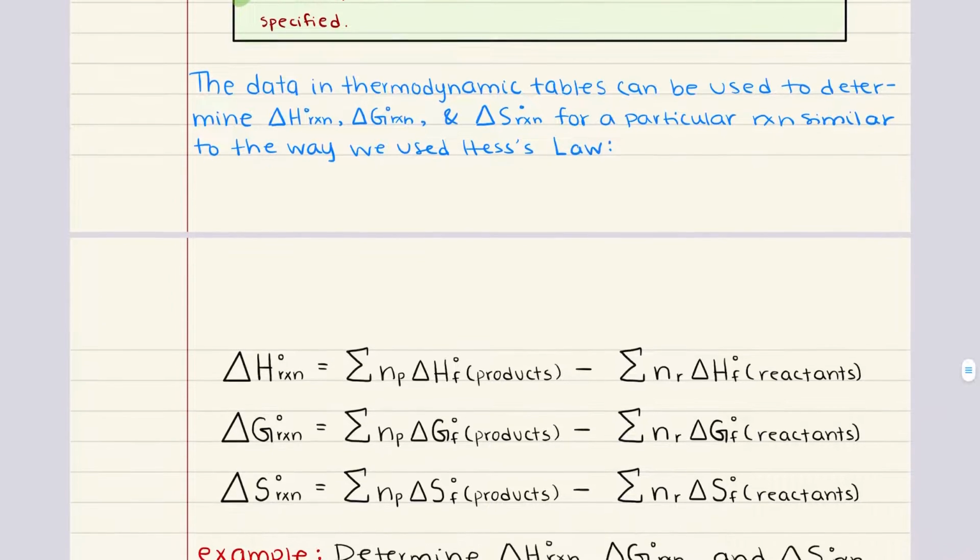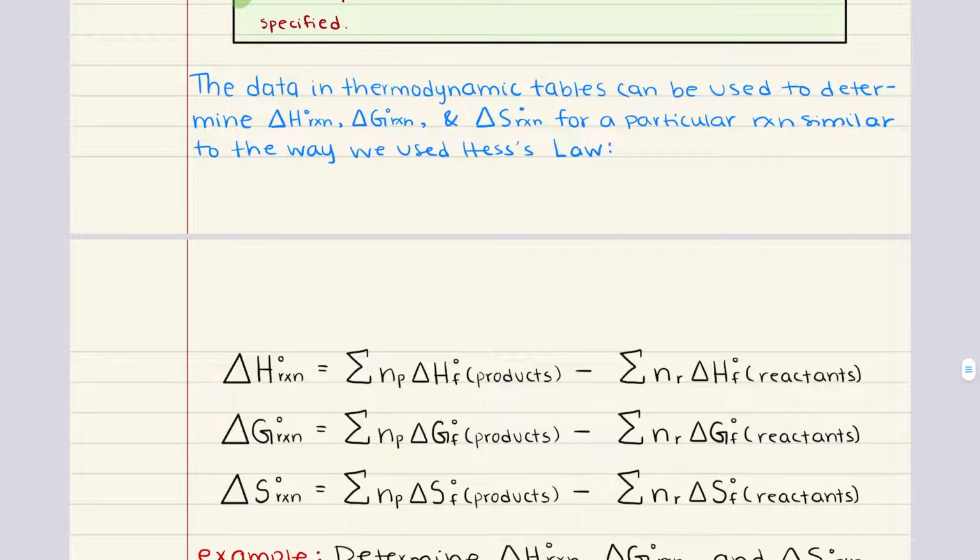Using thermodynamic tables, we can determine the standard enthalpy change, the standard free energy change, and the standard entropy change of a reaction in a manner that's really similar to Hess's law.